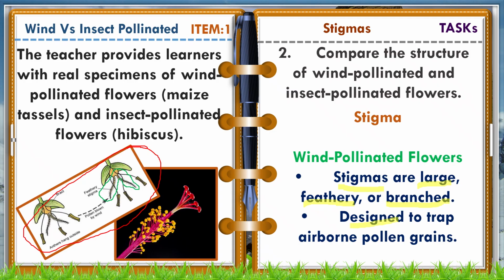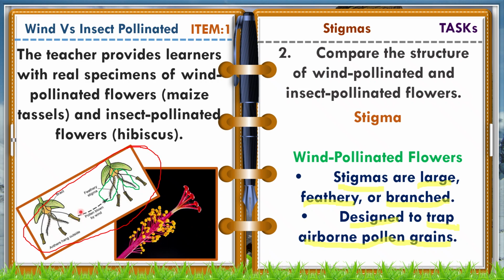They are designed to trap airborne pollen grains. So they are structured the way they are structured. We are saying they are feathery. That feathery structure is to trap airborne pollen grain.